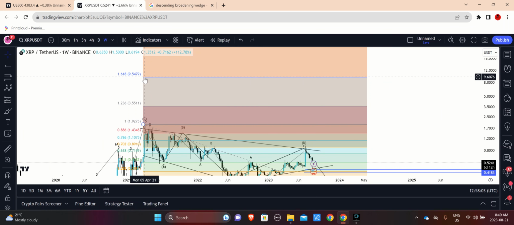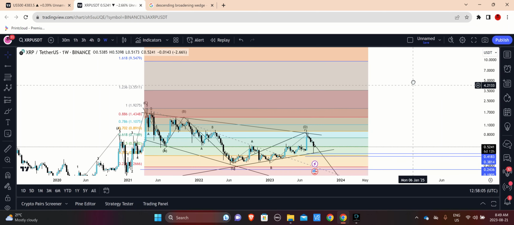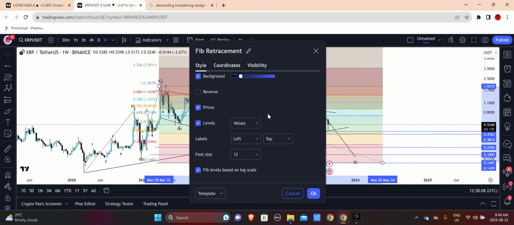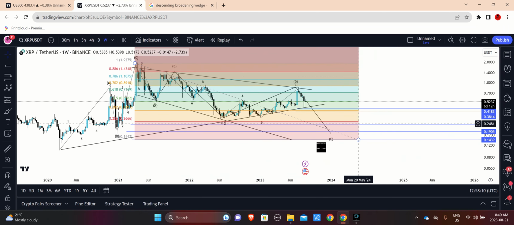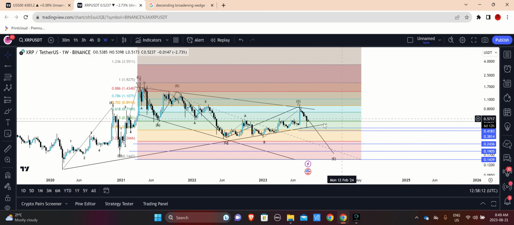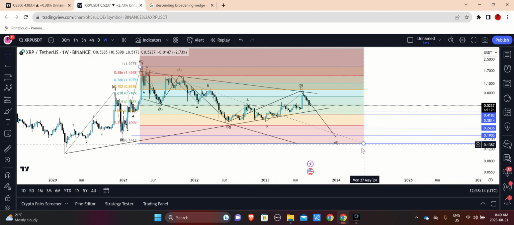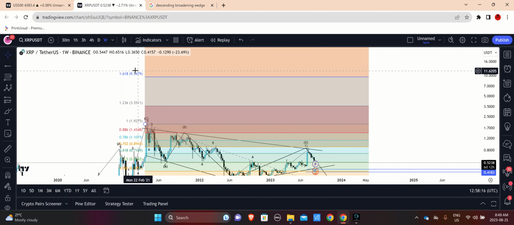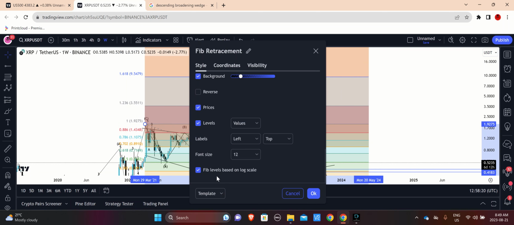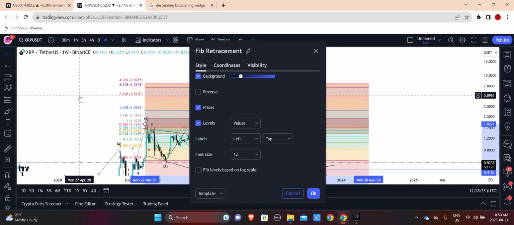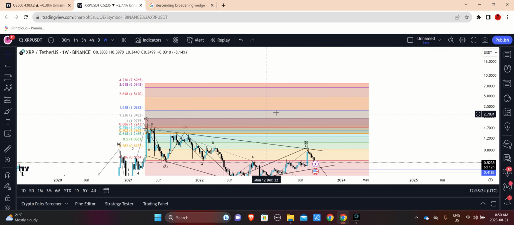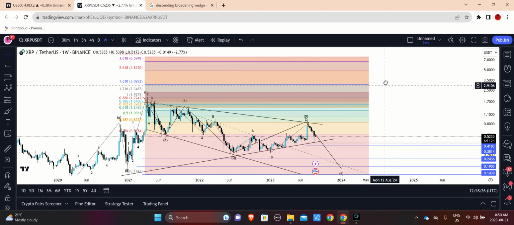You see that? So there is lots of confluence to us breaking out after this E wave, right? Because if we do end up going to 15 cent, our golden pocket is sitting right at 9.50. And then if we use the regular fibs on the linear scale, our 4.236 is at 7.60.